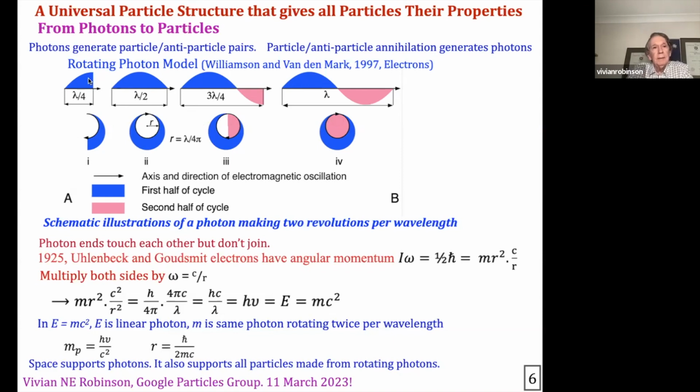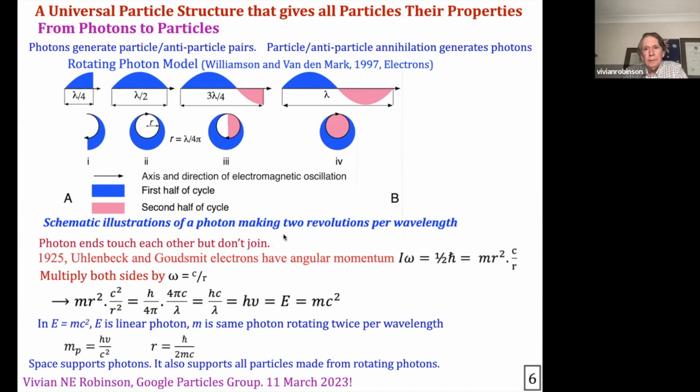First, this is a schematic illustration: quarter wavelength, half turn; half wavelength, full turn; right through to full wavelength, 2 turns. That gives the rotating photon a radius of its wavelength divided by 4 pi. The other thing to note is that the photon ends touch, but they have no other reason to join.